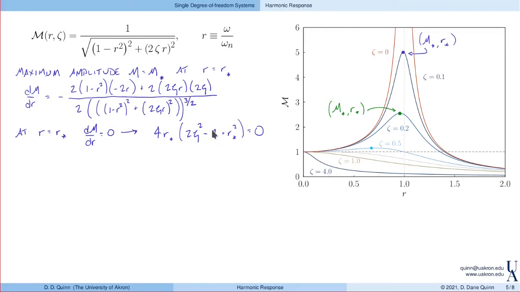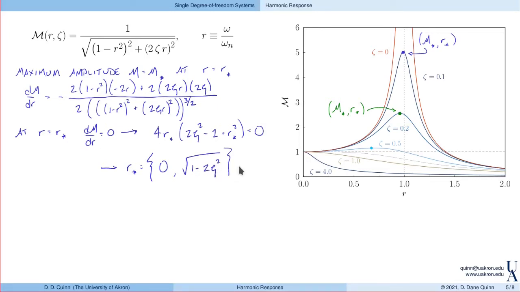And then what's left is here in parentheses. So we actually have two solutions here, right? One solution is r star equal to 0. If this is 0, then 0 is equal to 0. The second solution corresponds to this piece. So solving that, we end up with r star equal to the square root of 1 minus 2 zeta squared.